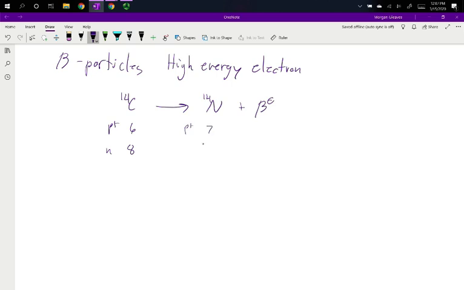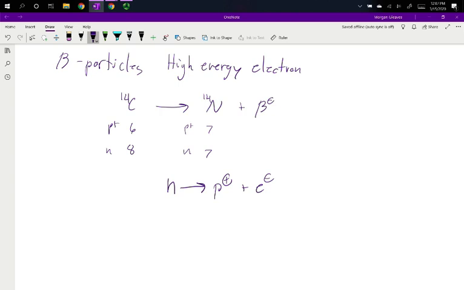Well, the nitrogen has 7 protons and 7 neutrons. So if we look, we've gained a proton and we've lost a neutron. What's really happening is a neutron is becoming a proton and an electron.